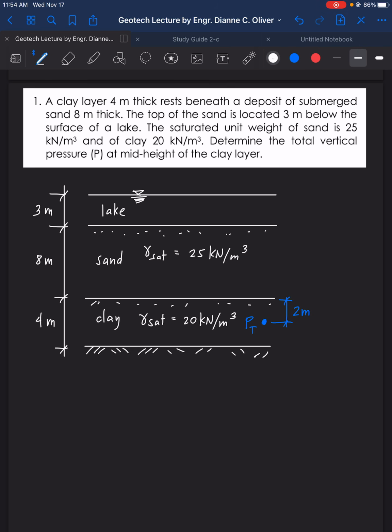Right, so let's solve for the P total. P total is equal to, of course, the weight of the water here first, and that is gamma of water times the height of the water.